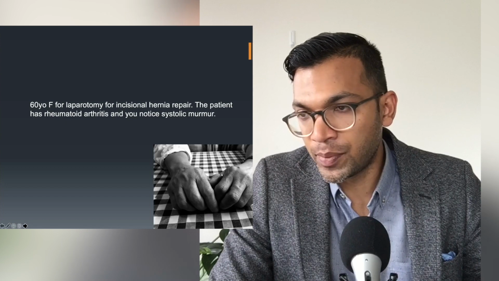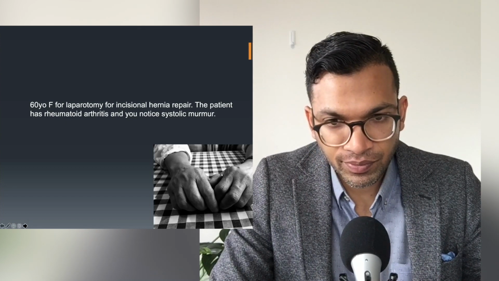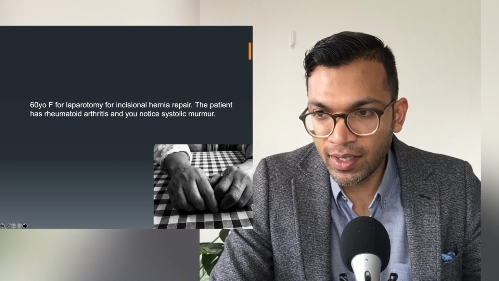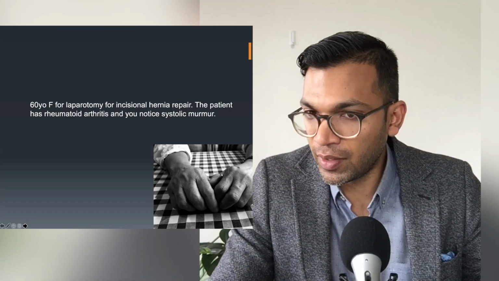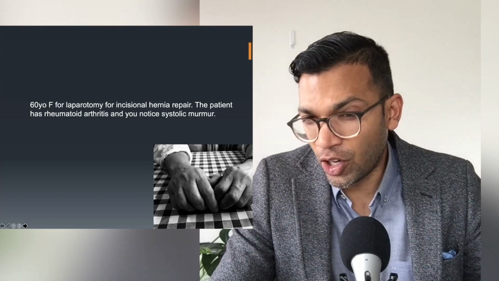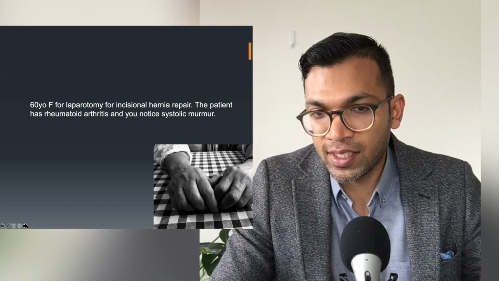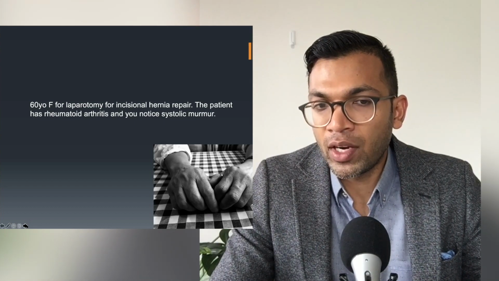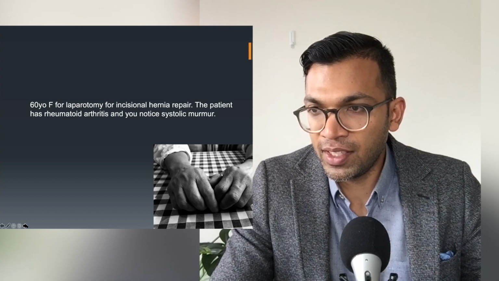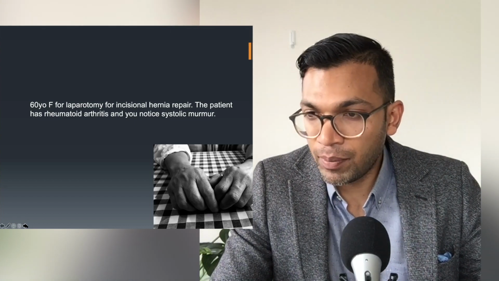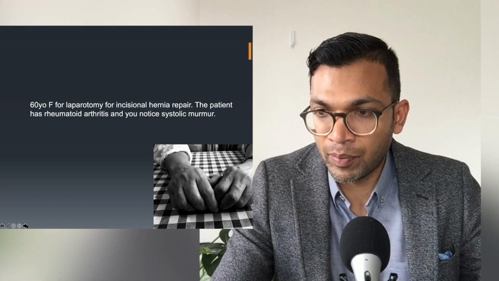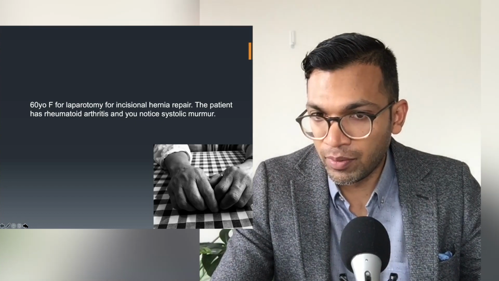That's perfect, because that might change how you manage her on the day. It could actually be a very serious active lesion. A systolic murmur could be AS, it could be HOCM even, and that really matters. When you present this to your consultant, they may say that for whatever reason this is unlikely to be severe, and they would proceed. But it's always best for you as a junior to proceed with caution and mention this fact.